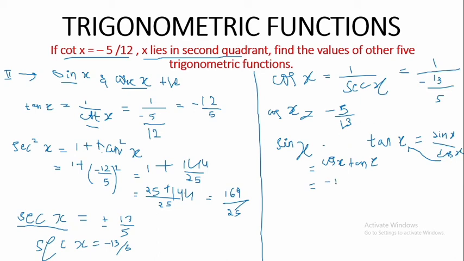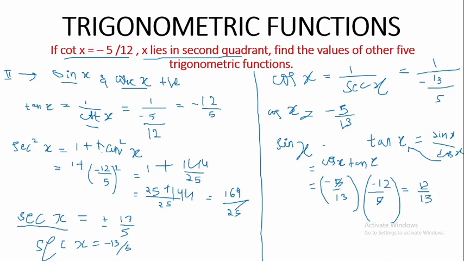So minus 5 by 13 into tan x, which we know is minus 12 by 5. We'll substitute that value as well. So we'll get minus 12 by 5. The 5 in the denominator and the 5 in the numerator will get cancelled. Minus into minus would give us positive. So the answer is 12 by 13.